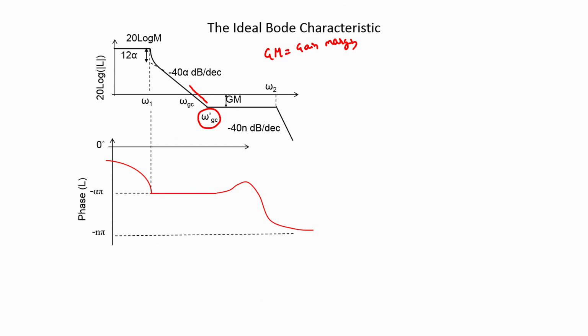for that particular gain. So we continue the magnitude characteristic up to a frequency omega prime gc, and the frequency omega prime gc is related to omega gc by the equation that is given here.